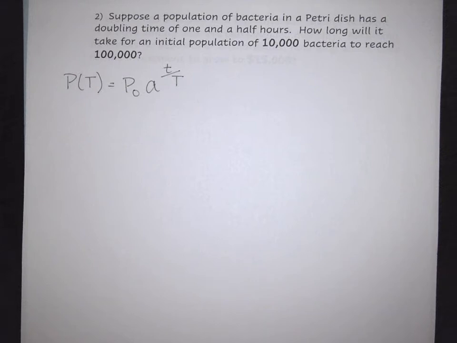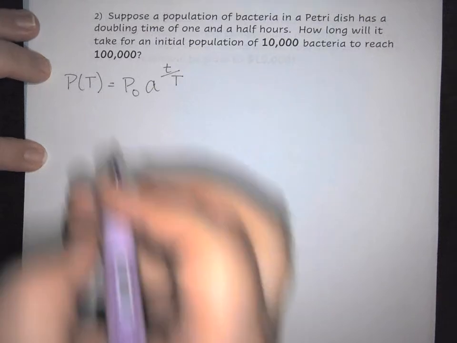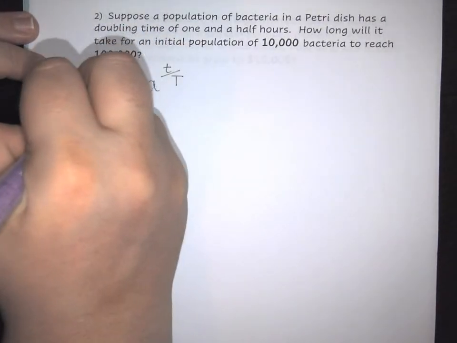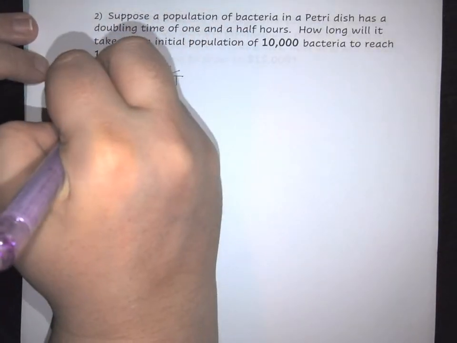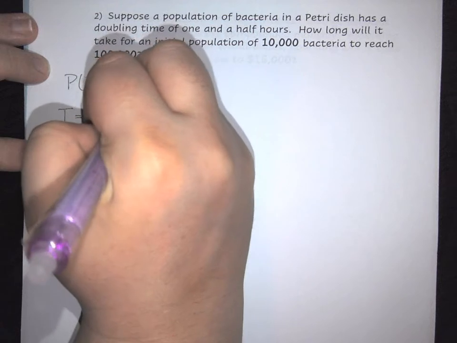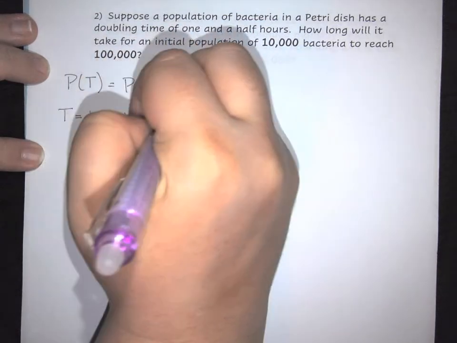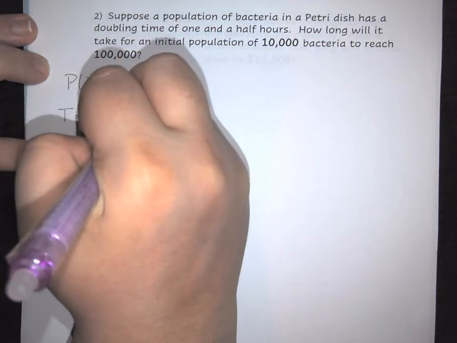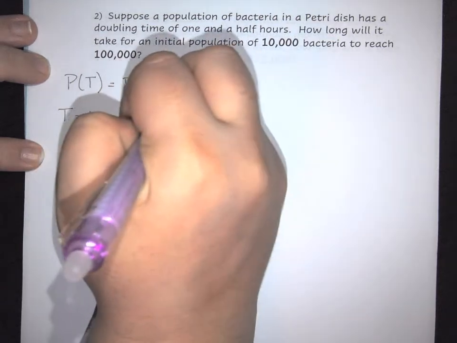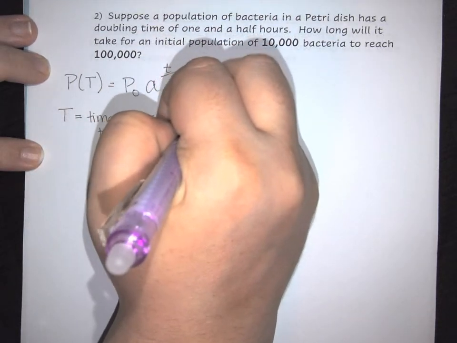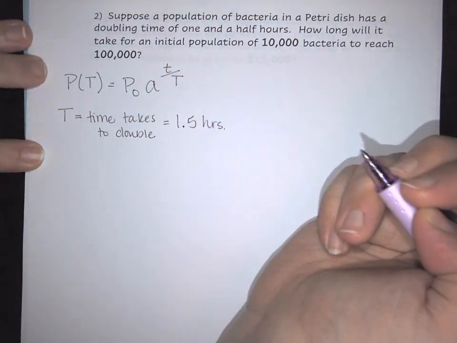Now, what do we know? We know that the time it takes to double is 1.5 hours. So big T is the time it takes to double, and this was 1.5 hours.